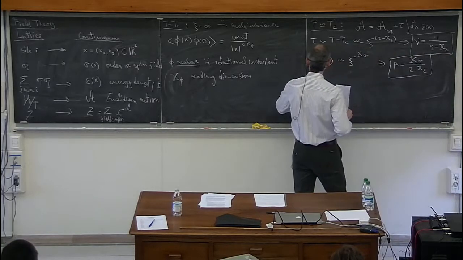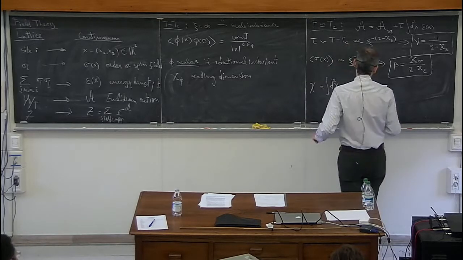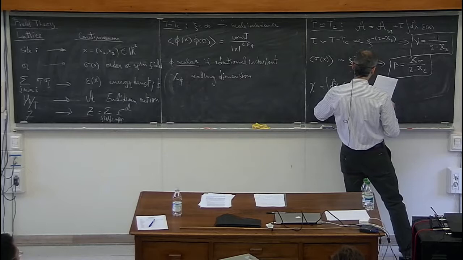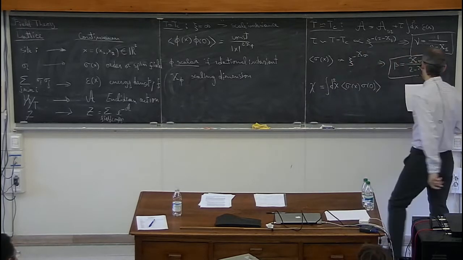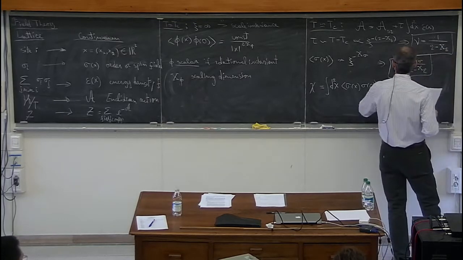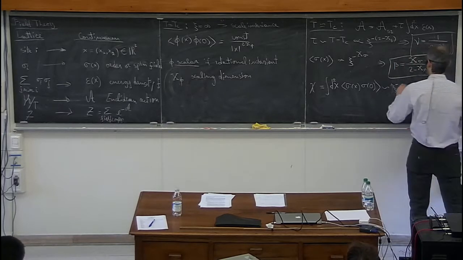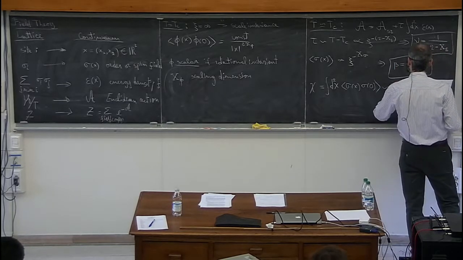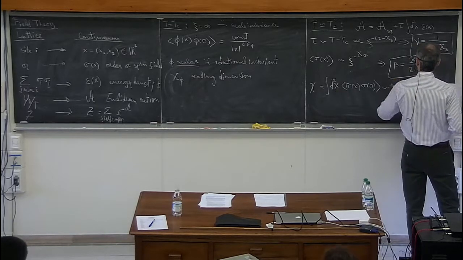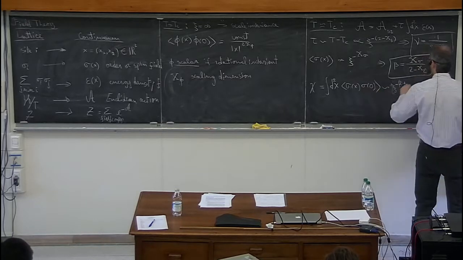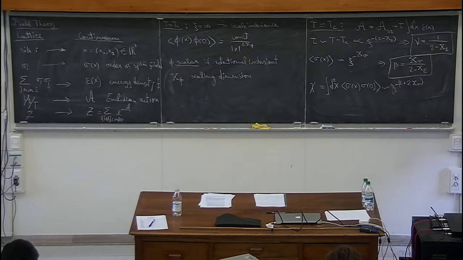Similarly, susceptibility. In the continuum, this is the integral over all sites of the two-point function of the spin. Dimensionally, this is the correlation length to the minus 2 from the integration measure, and then we have twice the dimension of the spin.